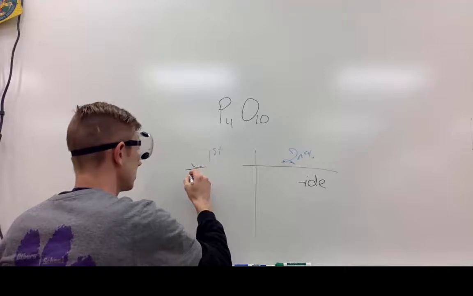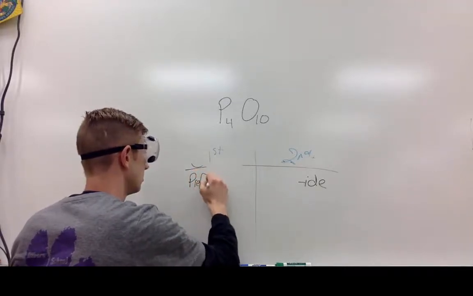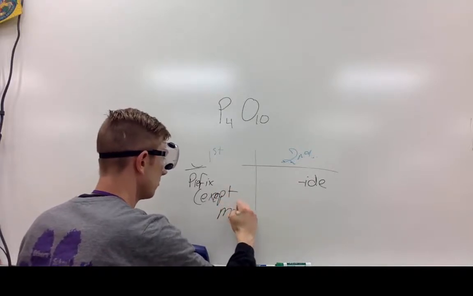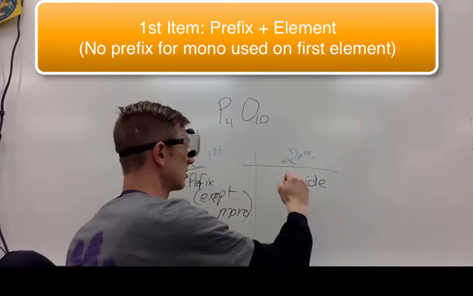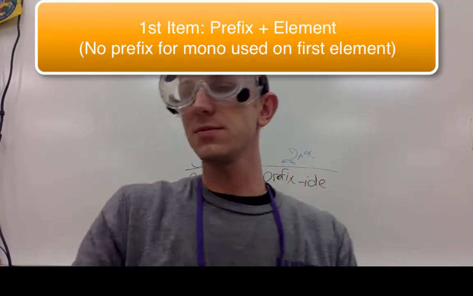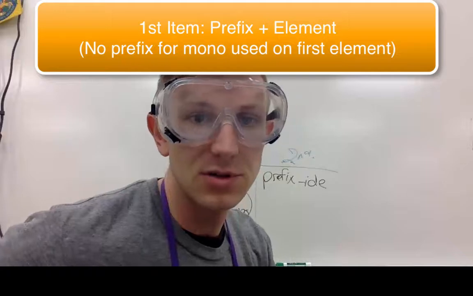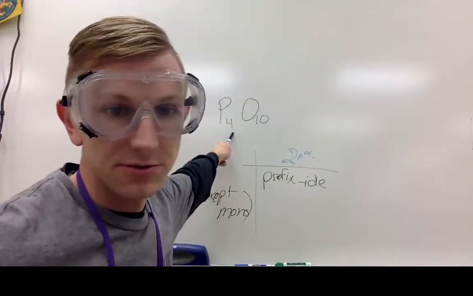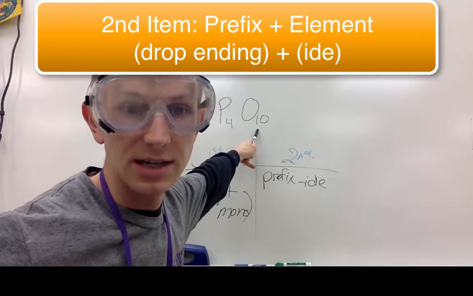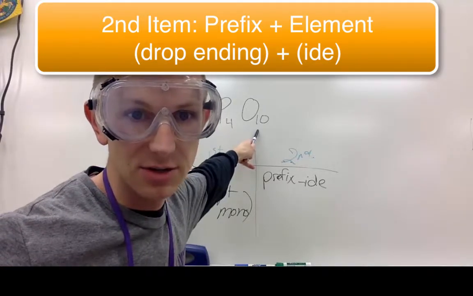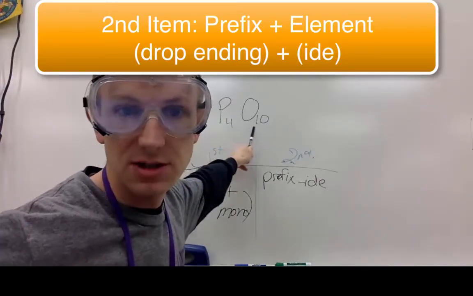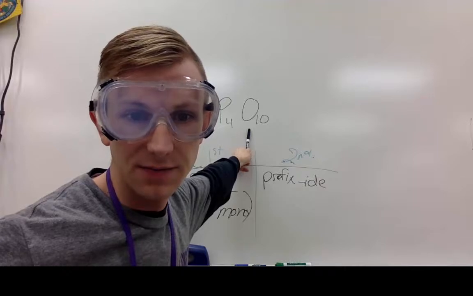So this one would be called, again, tetraphosphorus, and then the prefix for 10 is deca, so this would be decaoxide, or some people say decoxide. So tetraphosphorus decaoxide.